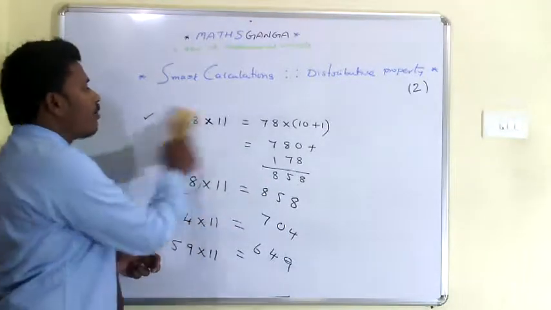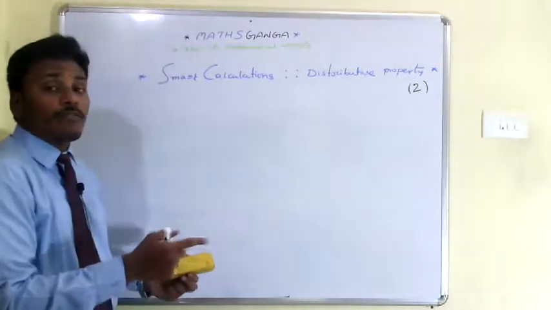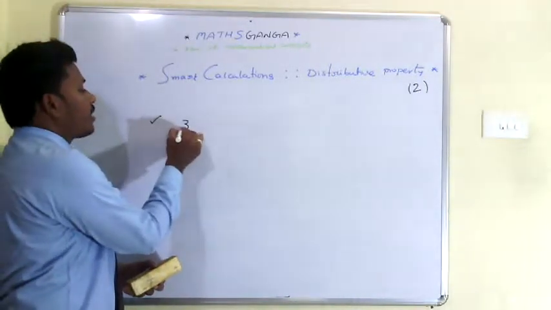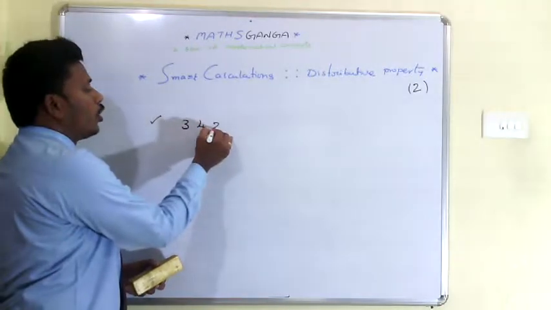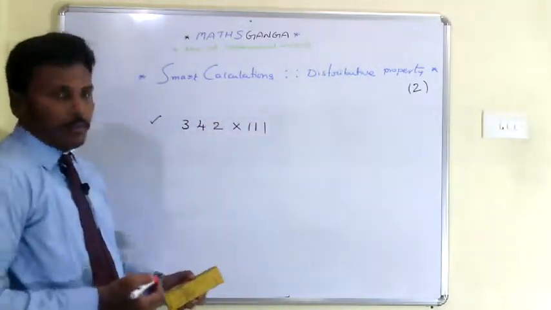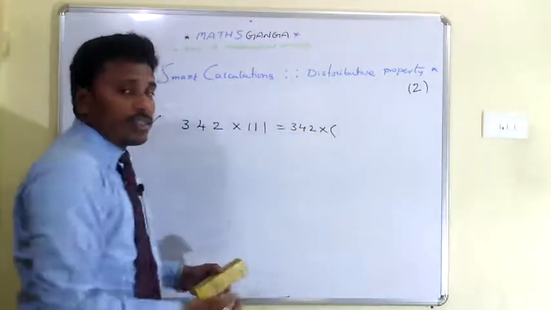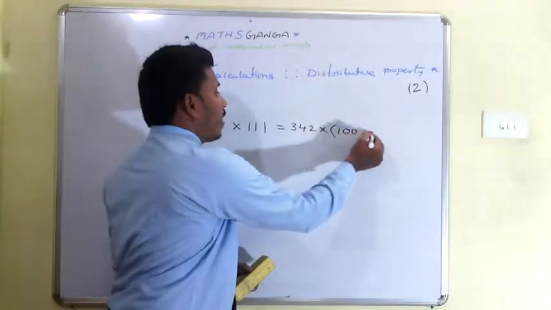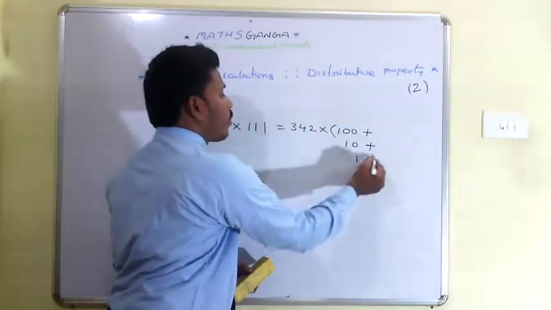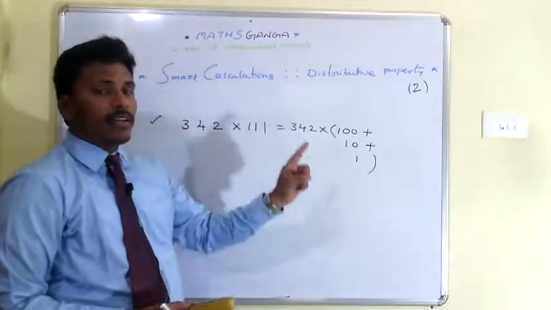Okay, right. In the same way, if you multiply a three-digit number with three ones, then the same phenomenon will work. For example, if I have a three-digit number like 342, and I am going to multiply this 342 with three ones, then what is it? 111 is nothing but 100 plus 10 plus 1.